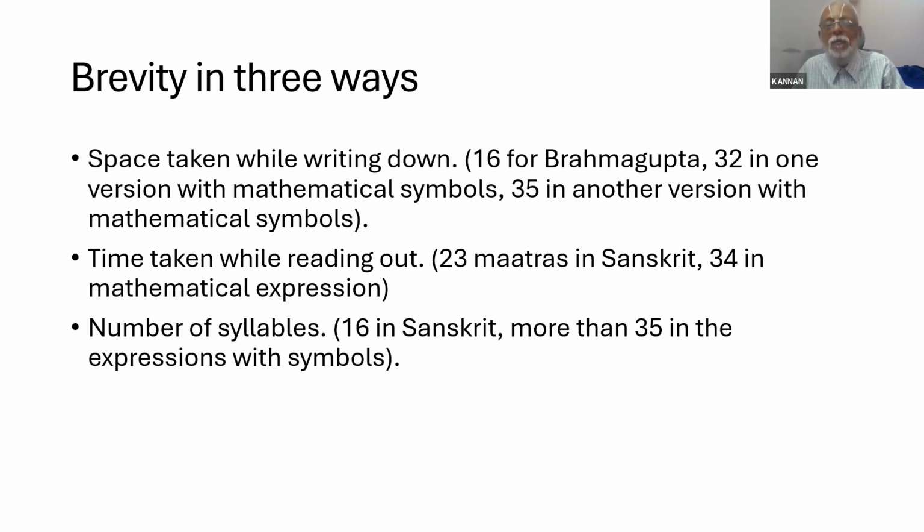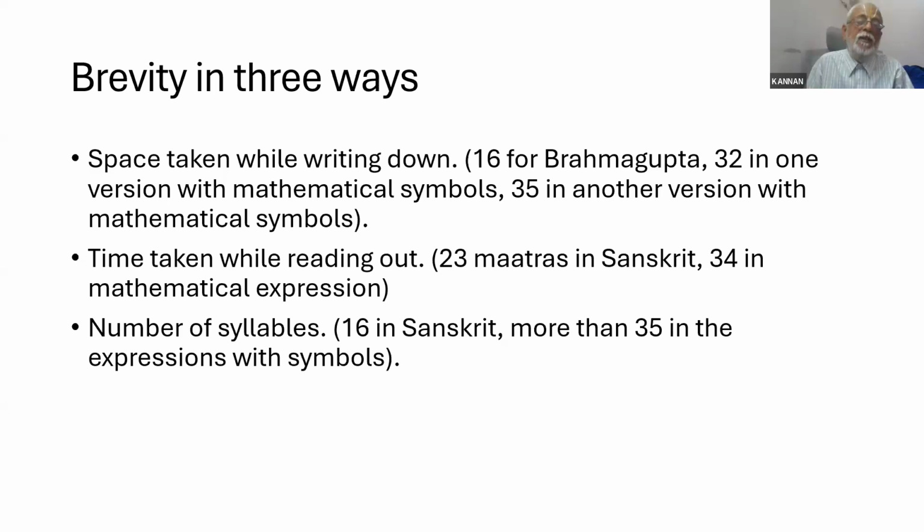If you count, totally 32 is the space occupied. In this way, the symbol-less formula of Brahmagupta is not longer in size. It uses only 16 letters. Therefore, brevity is not lost.